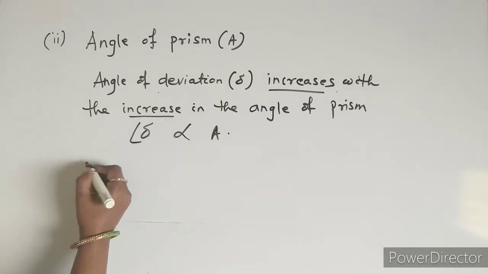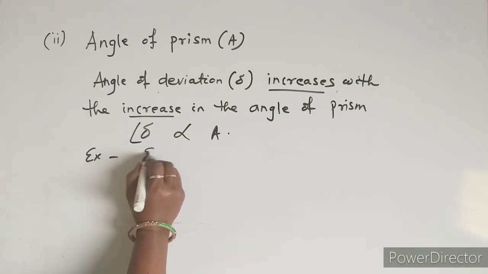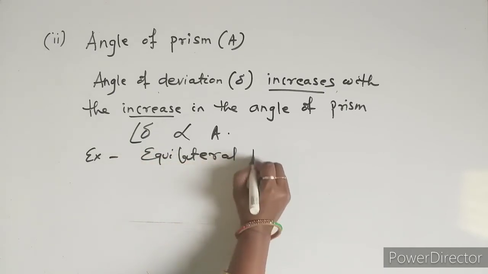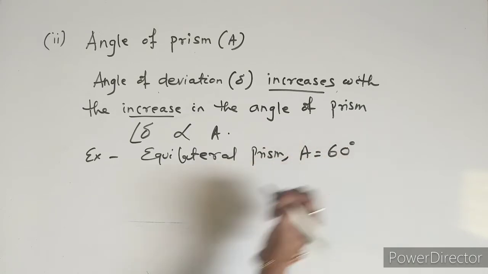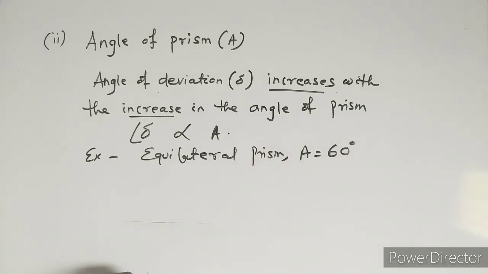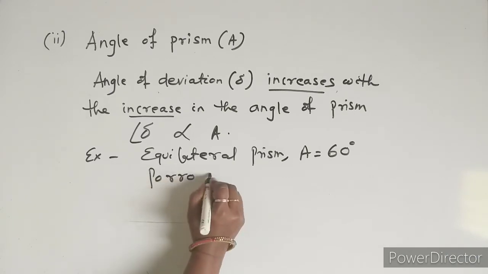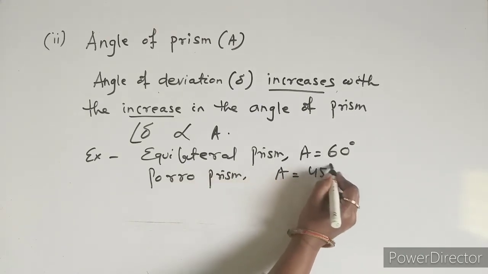For example, we can take an equilateral prism. Equilateral prism, so A equal to 60 degree, and here another prism with A equal to 45 degree.